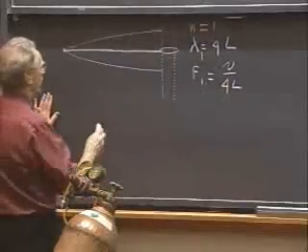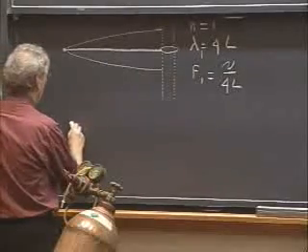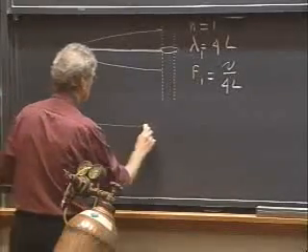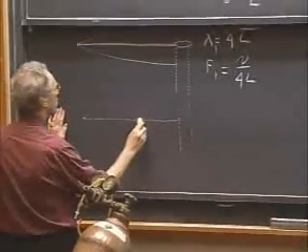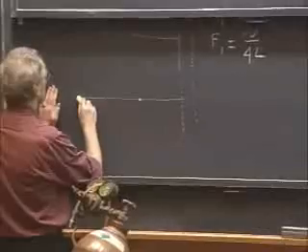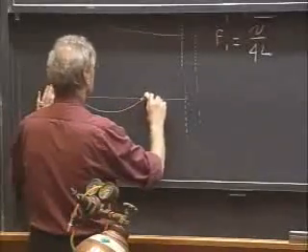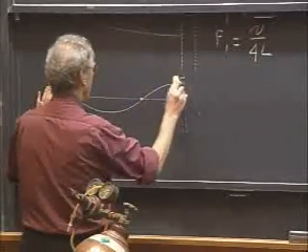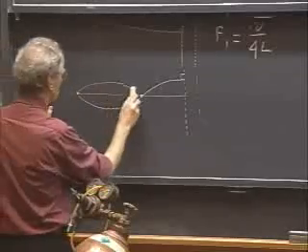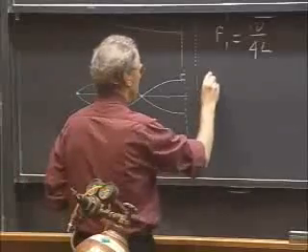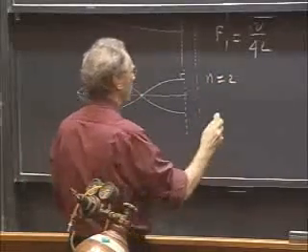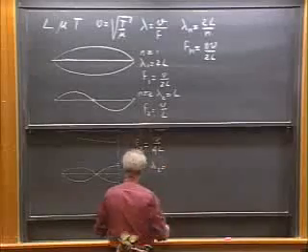So you can go one step further. You can ask now for the second harmonic. So here again is that rod. So now I introduce another node here. And so now the string would look like this. This is again 90 degrees. And as it oscillates, it would move like this. And so now this is n equals 2. This is the second harmonic. You can just look at it.